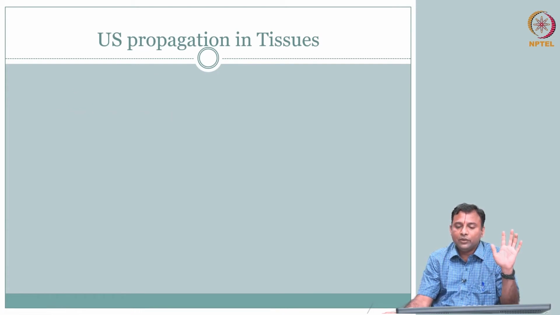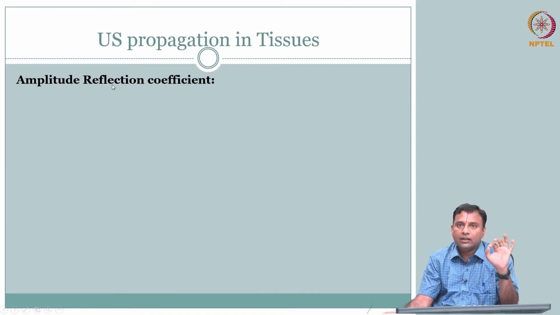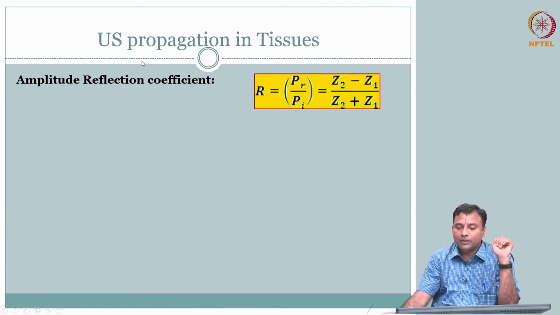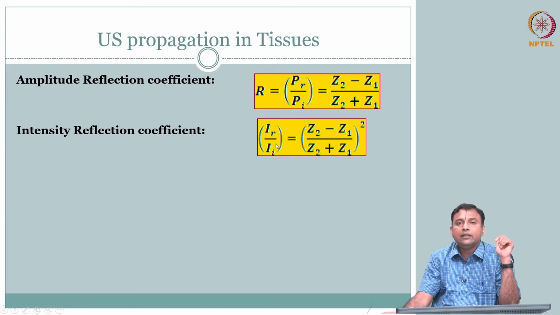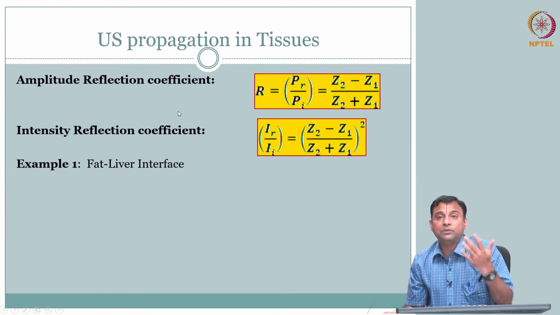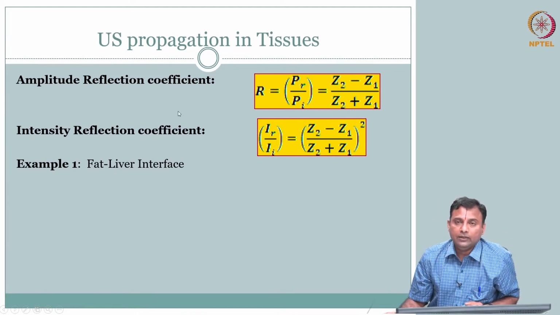So essentially the amplitude reflection coefficient in the case of perpendicular incidence reduces to a simpler form. R is Z2 minus Z1 by Z2 plus Z1. This is your amplitude reflection. You could have your intensity reflection coefficient as the square of this. Likewise, you can do the transmission as well. Okay. So that is not a big deal.